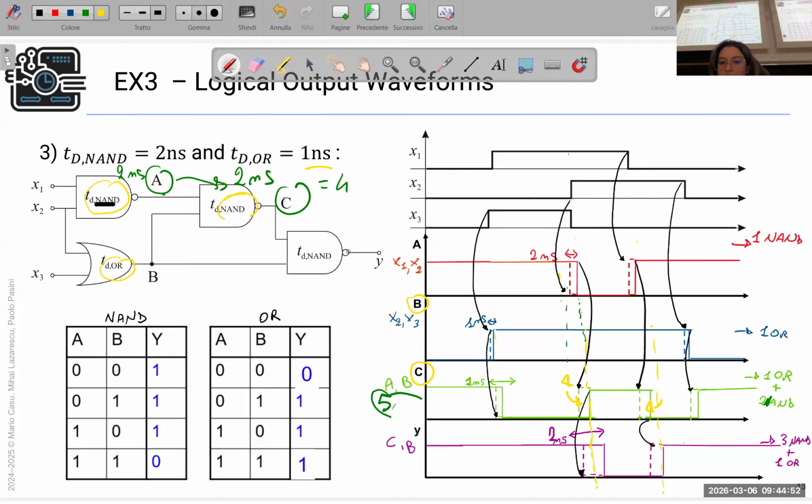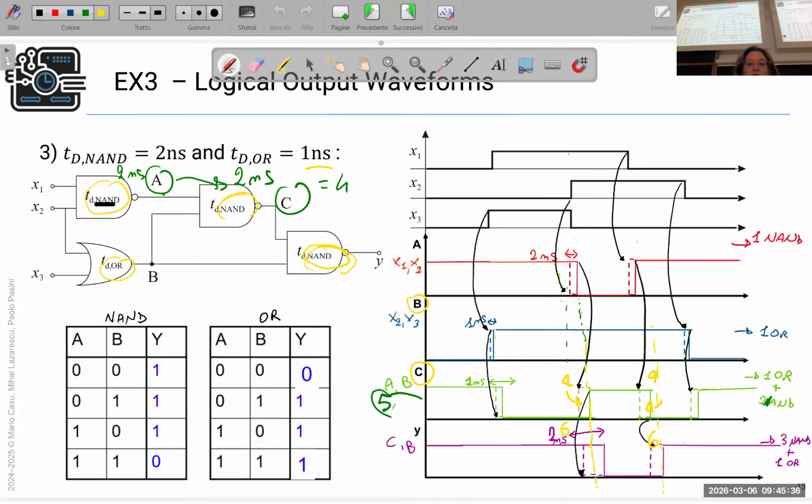But here we have another NAND, so the total delay is 6, right? Here there is another transition. The transition is made by C. Here we have the same transition of 4 plus 2 of the other NAND. We have 6. And then it still remains the same. Clear? Okay. Let's move on.